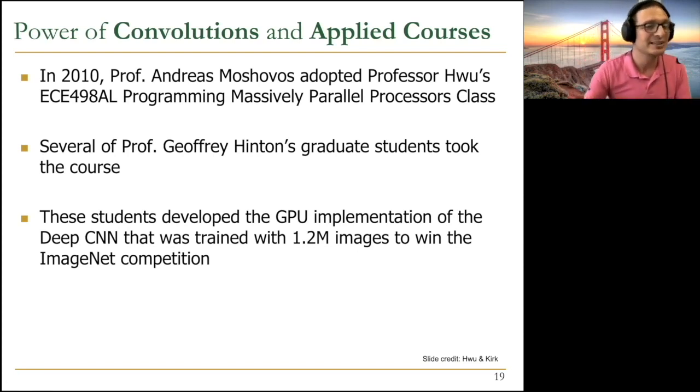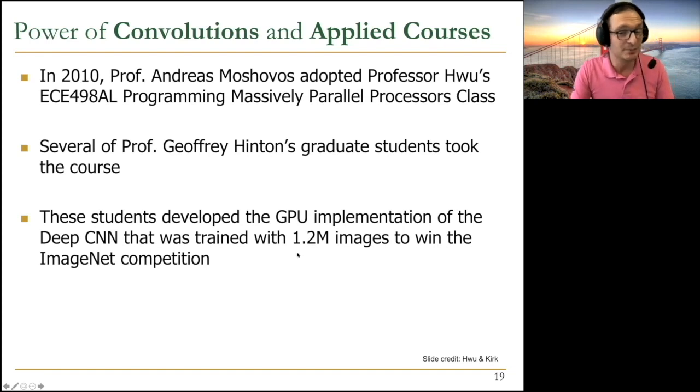But after his students implemented a deep neural network on a GPU, and were able to train it with more than 1 million images, and won the ImageNet competition in terms of how well they can recognize images, the backpropagation algorithm and convolutional neural networks took off. Because now, with the power of powerful GPU hardware, they were able to do the computations required to train these networks.